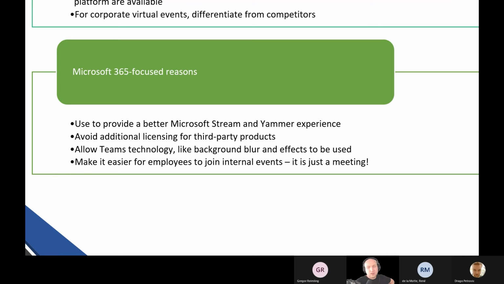And if you're doing internal events, then you've got the live events option, right, which is really good. However, for organizations with a lot of first line workers, for example, Yammer has another option inside it as well, where we can do our live streams via that.